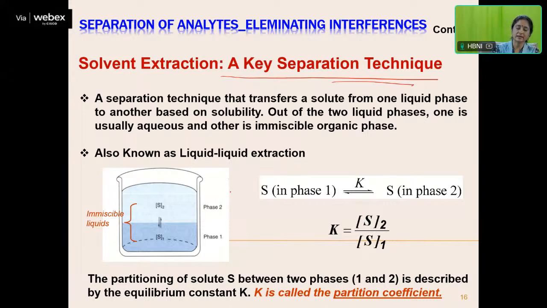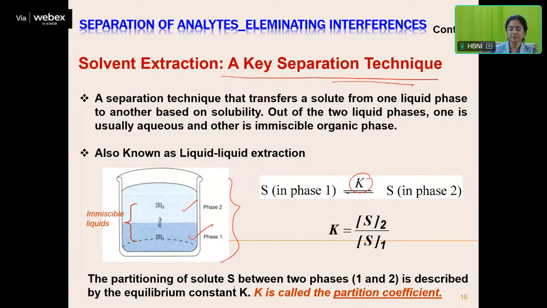So this is the pictorial depiction. You can see there are two phases. This is phase 2, this is phase 1. These two are immiscible, having a proper boundary. Now your solute, say S, is distributing between these two, and this is the equilibrium constant of this distribution. K is given as S2 by S1.